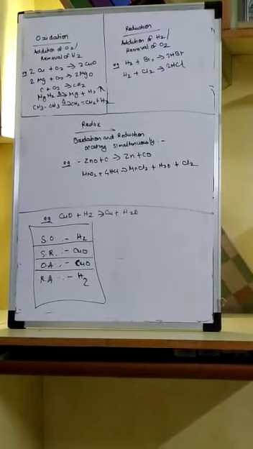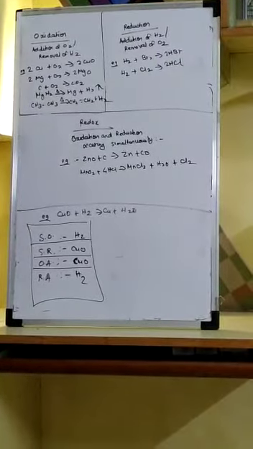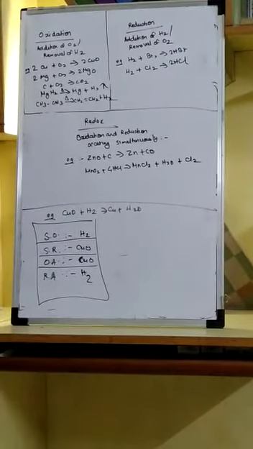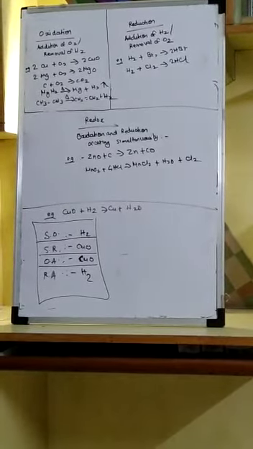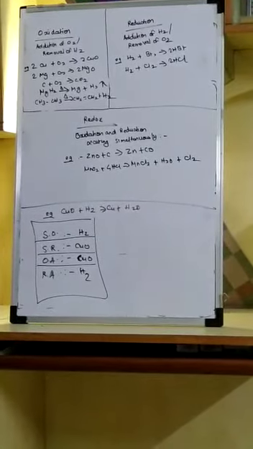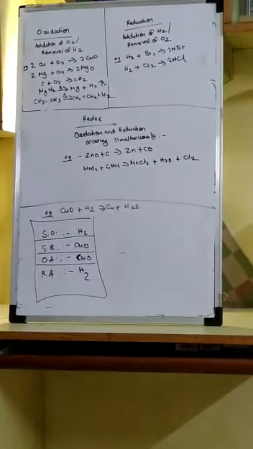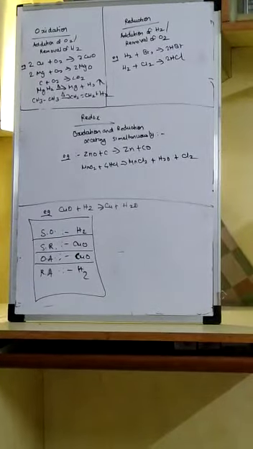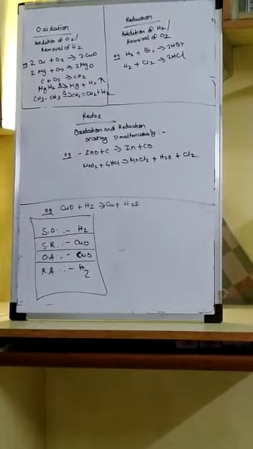What then is a redox reaction? A redox reaction is any reaction in which oxidation and reduction are occurring simultaneously, at the same time. A reaction in which oxidation and reduction occur simultaneously is known as a redox reaction.